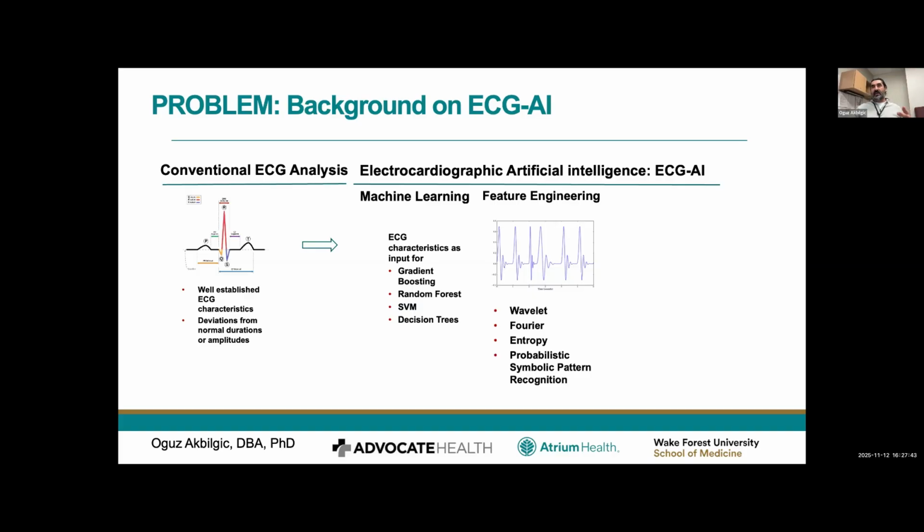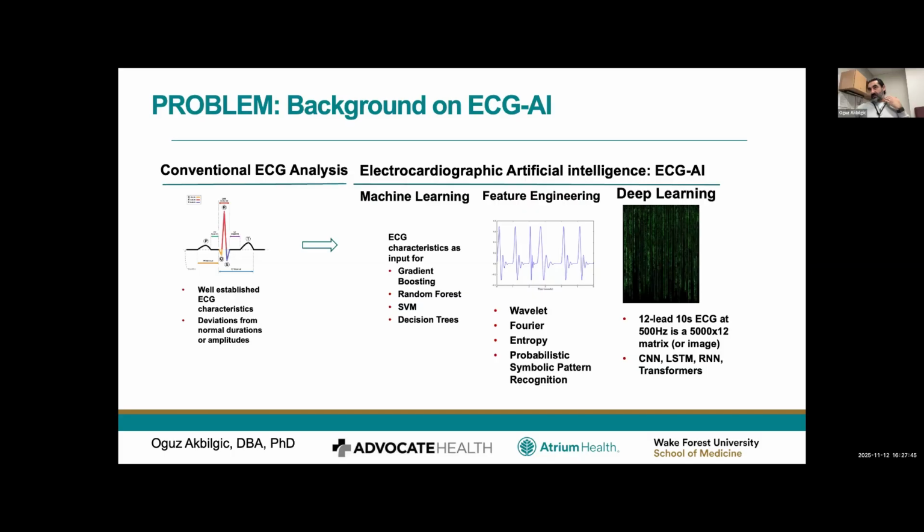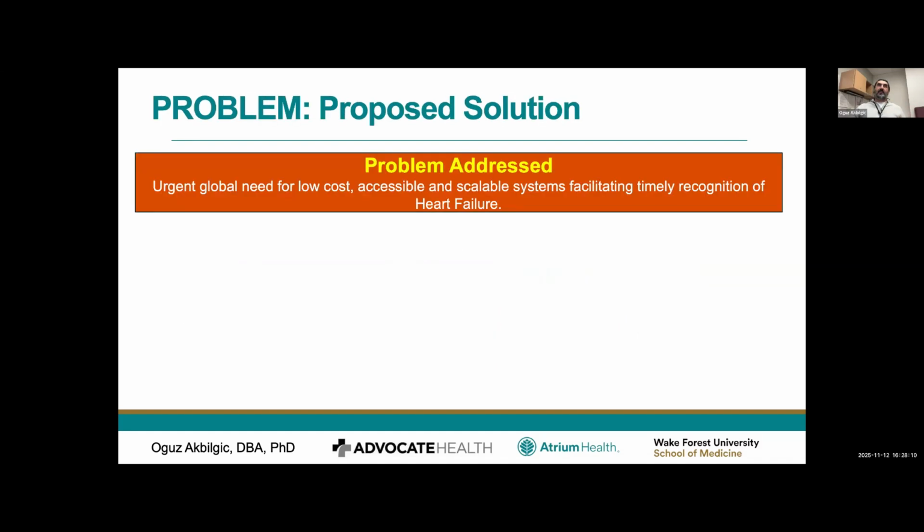Still, we will be doing ECG-AI. But more commonly and more recently, we either use the entire time to voltage data or the image of the ECG as an input to deep learning and let it find its own features through convolutional or RNN LSTM mechanisms. Still, we are doing ECG-AI. So basically, I can say ECG-AI is unconventional analysis of conventional ECG.